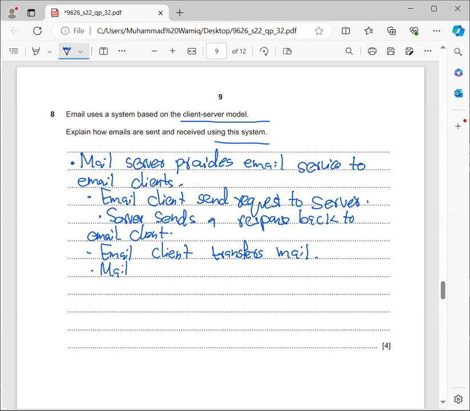Last, you can write that emails or your messages are transferred between client and server.